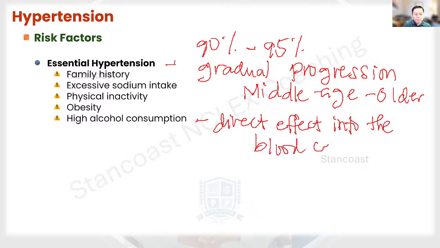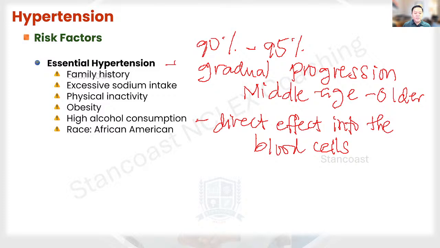Remember that the blood vessel has its own muscle layer, that smooth muscle that is going to squeeze or dilate, or relax as needed. So if the person is prone to drinking so much alcohol, it will be a lot harder for the heart to pump through the vasoconstricted vessels, and so it can elevate the patient's blood pressure.